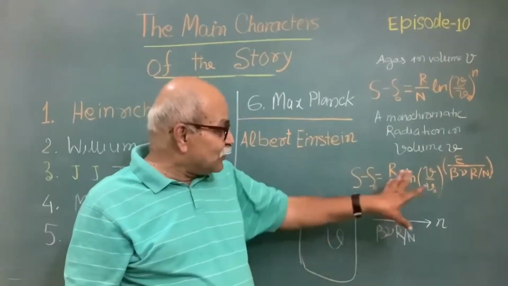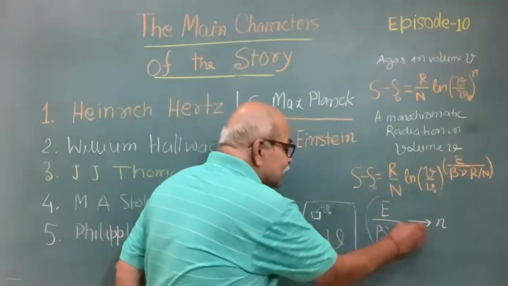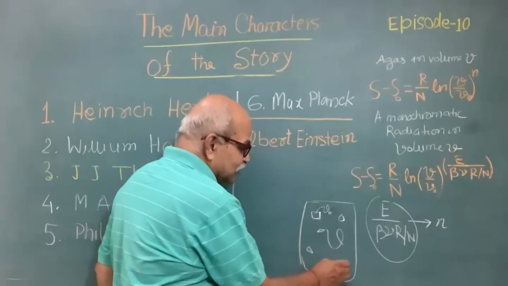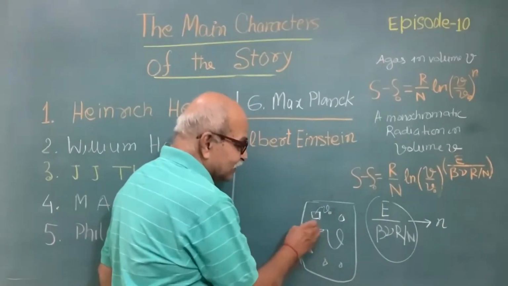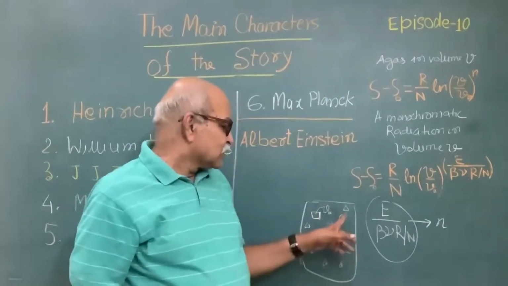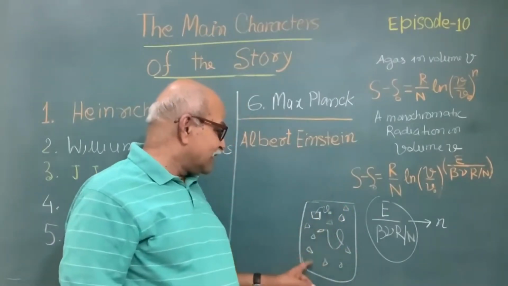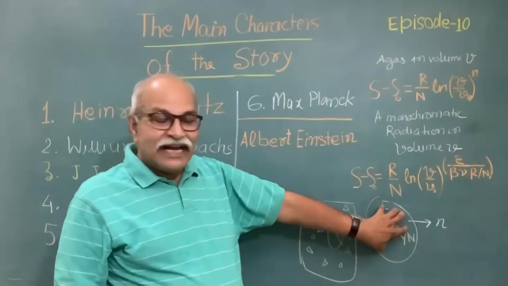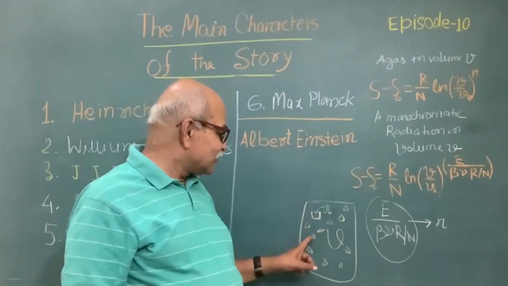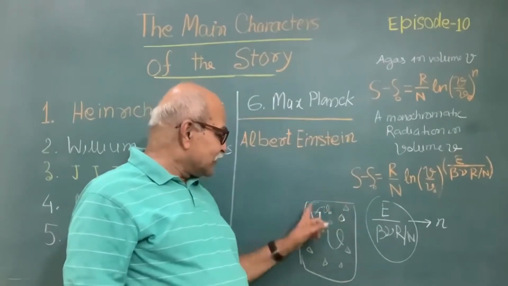In this volume, there are these many locations: location here, here, here, here, at one given instant. So the total number is small n, that is this. And the whole energy of the radiation is either here or here or here, and the total is E.